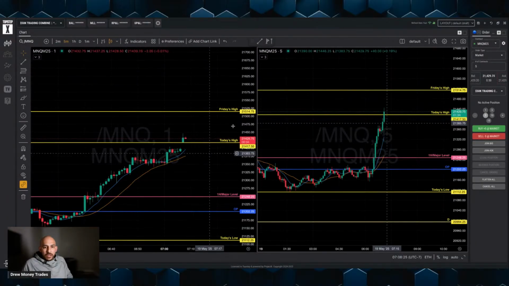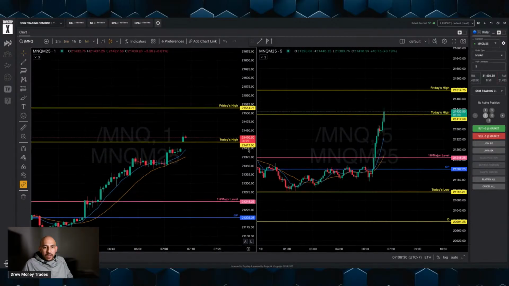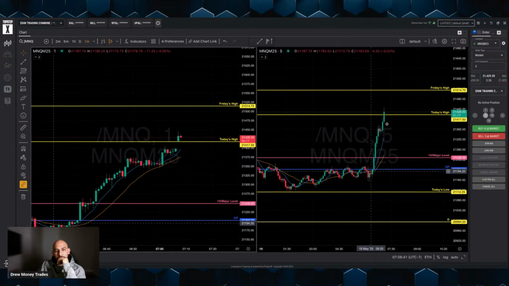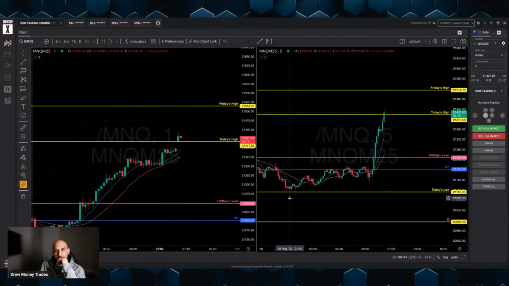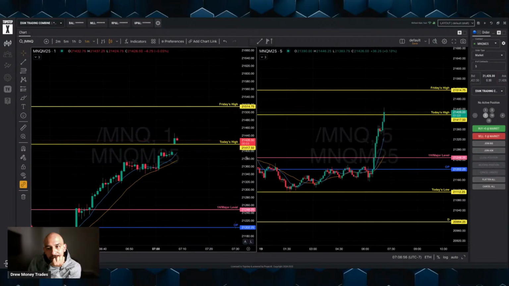Let's see it come back down. Retest this wick at 400, 407, and then I'll go long. This has been a nice movement. Look at that. But I just couldn't get in, maybe too hesitant or whatever. But today's high is 417.